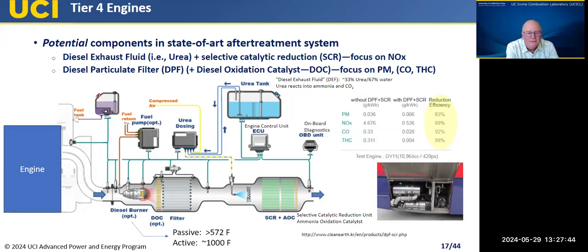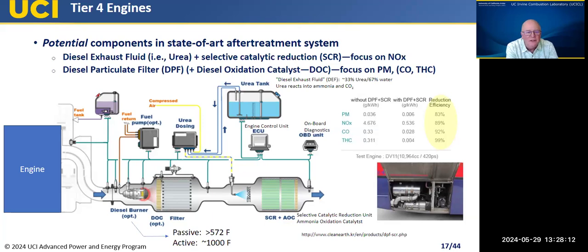The filter is the diesel particulate filter, right? And then from there, it goes down. We see a little blue spray of urea. This is the diesel exhaust fluid. It's basically 1/3 urea, 2/3 water. That's sprayed in. It reacts on the SCR, or selective catalytic reduction unit, and then comes out the exhaust.